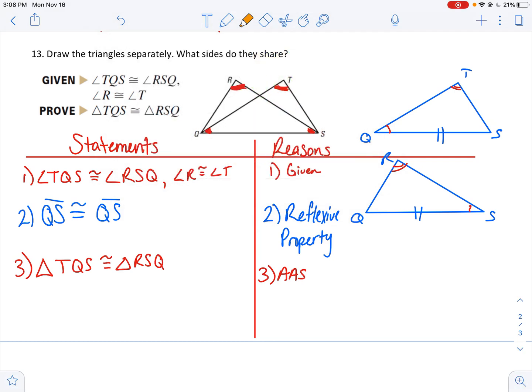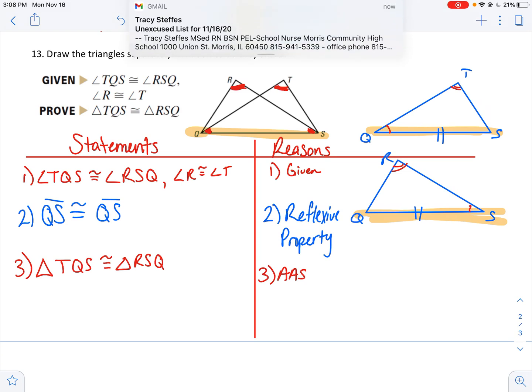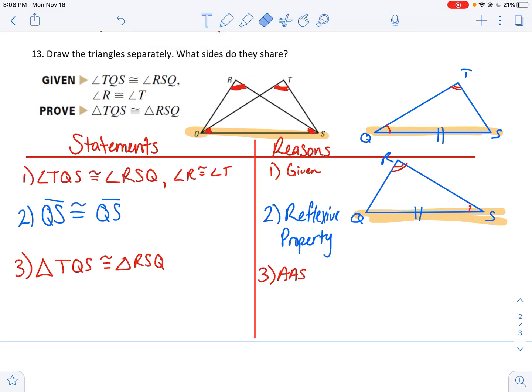Notice that this is the same side, QS. It's shared. So if I put one on top of the other, they're the same length. That's why I can say those are congruent. And I say that it's the reflexive property because QS is congruent to QS. Something is congruent to itself. That is our definition of the reflexive property.